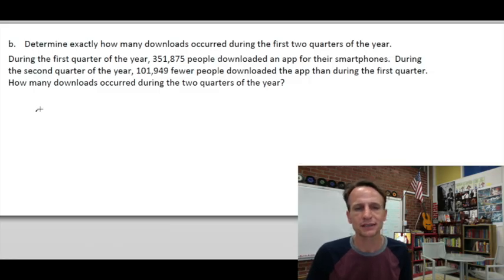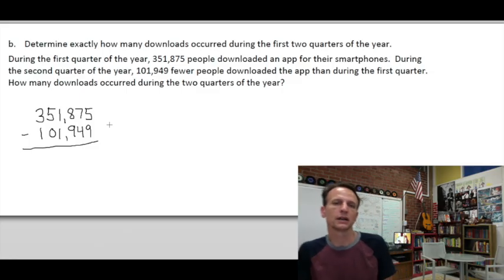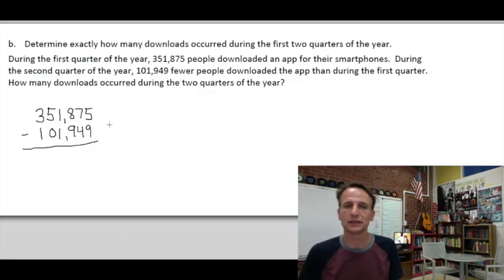So we know we can get the second quarter if we take the exact number from the first quarter, 351,875, and we subtract the difference, how many fewer people, 101,949, and this will give us the number of people who downloaded it in the second quarter.